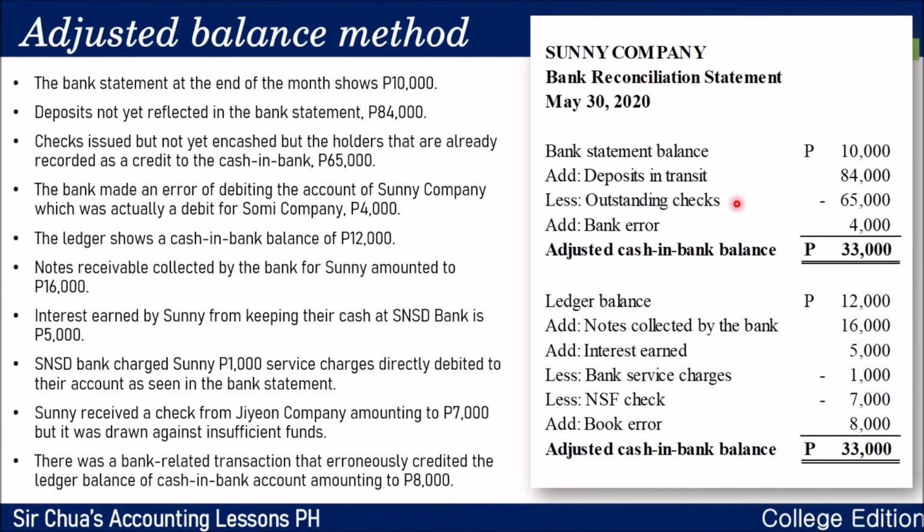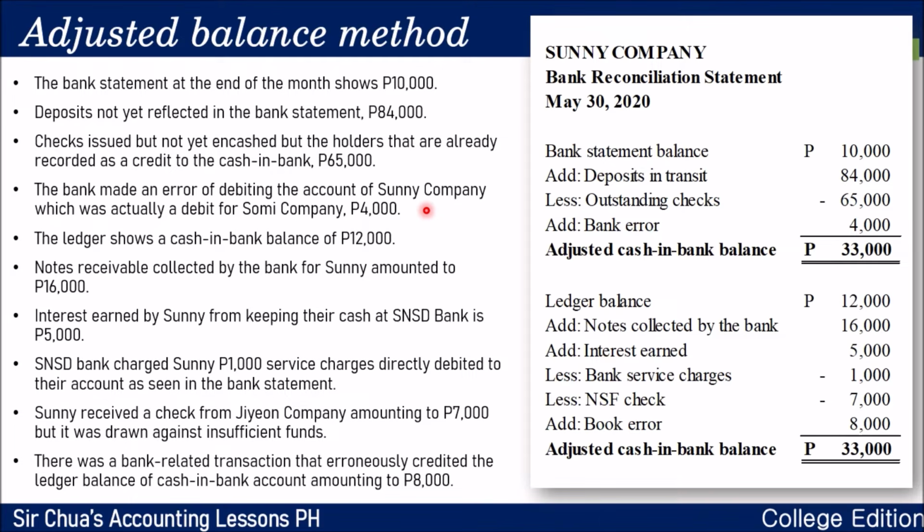Sorry po sa grammatical error. Okay? And then, the bank made an error of debiting the account of Sunny Company, which was actually a debit for Somi Company, 4,000. Remember, kapag po bangko ang nag-debit, pabawas po yun. Kasi baliktad po tayo ng rules ng debit and credit pag sa bank statement, di ba? So, ibig sabihin po, dapat daw po yung 4,000 ay ide-debit ng bangko kay Somi Company.